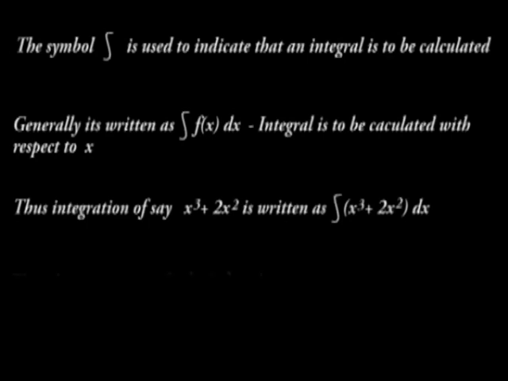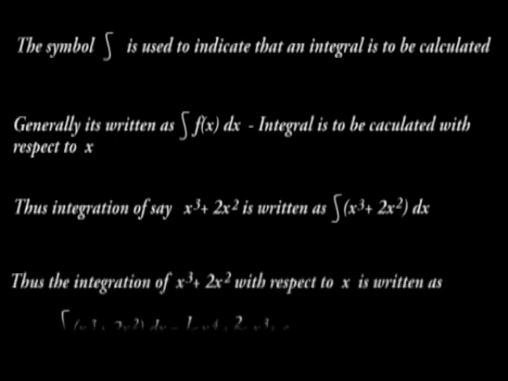That is, the integral of x cubed plus 2x squared with respect to x is equal to 1 over 4 x to the power 4 plus 2 over 3 x to the power 3 plus c.